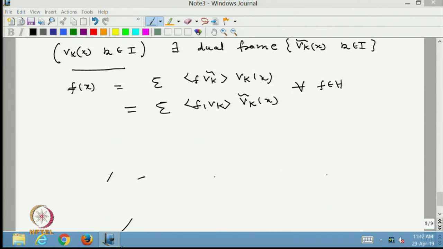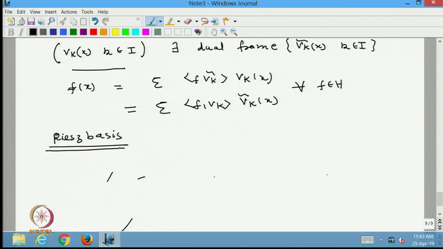Now, in case of a Riesz basis also, the dual frame will also be a Riesz basis and biorthogonal.